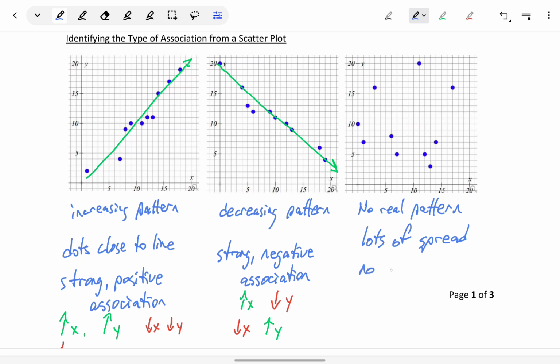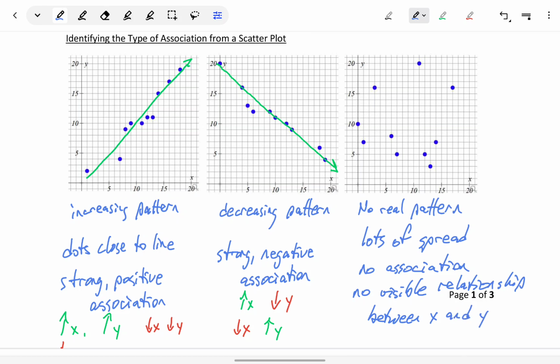And we would say that in this case there is little or no association, meaning no visible relationship between our x and y variables.